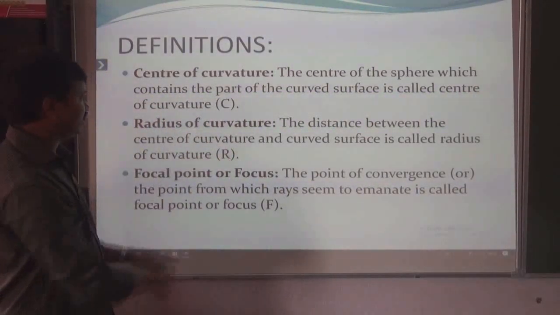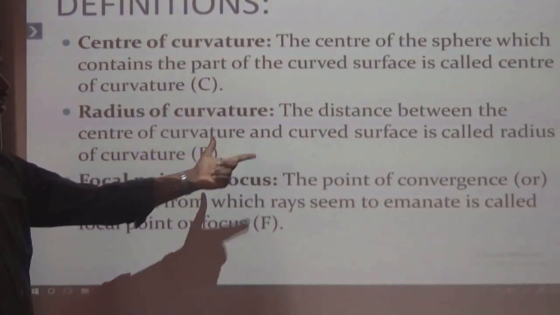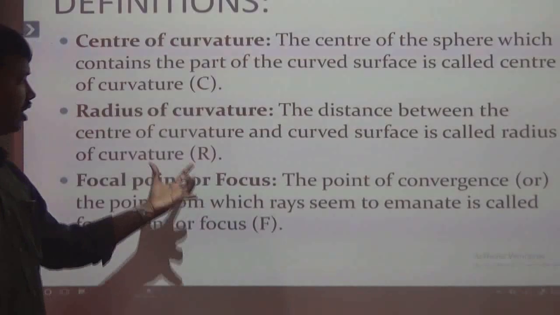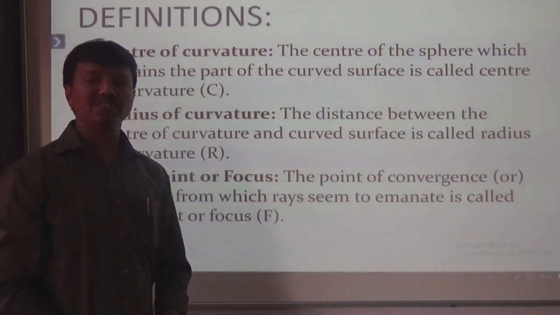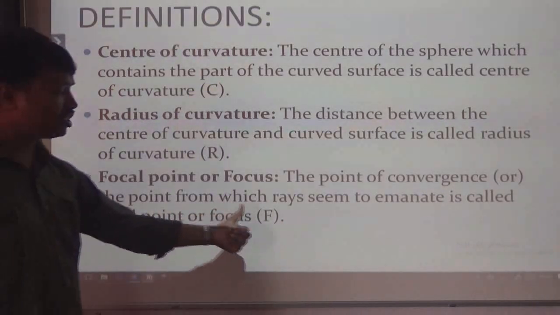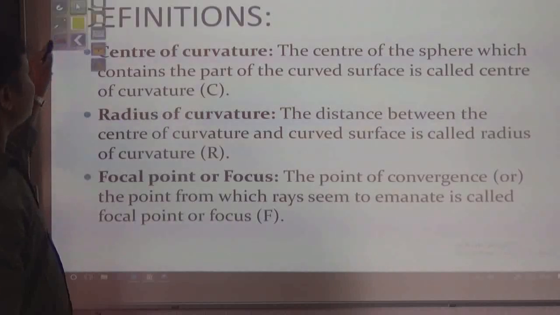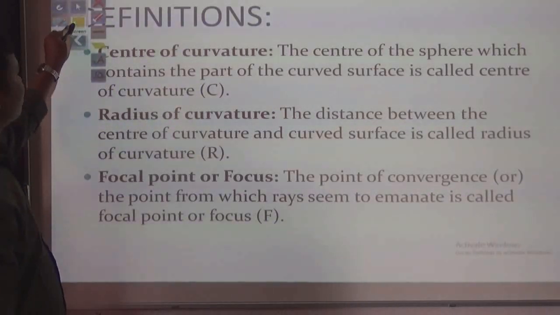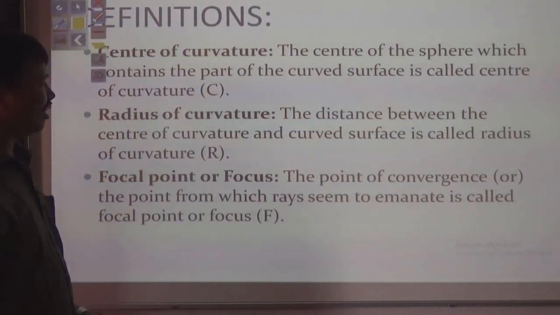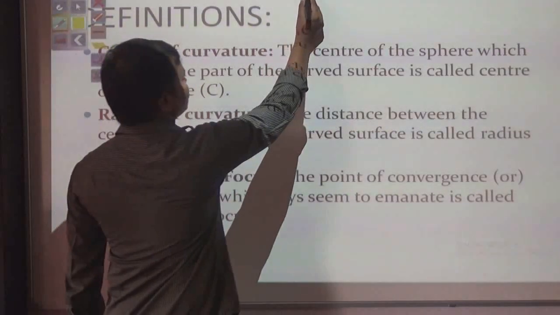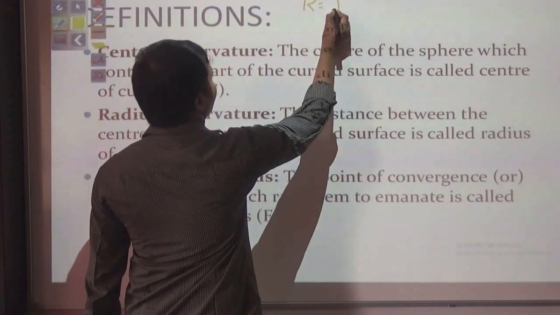It is denoted by the letter C. Radius of curvature: the distance between the center of curvature and the curved surface. Focal point or focus: the point of convergence, or the point from which the rays seem to emanate. What is the relation between the radius of curvature and focal length? R is equal to 2F.